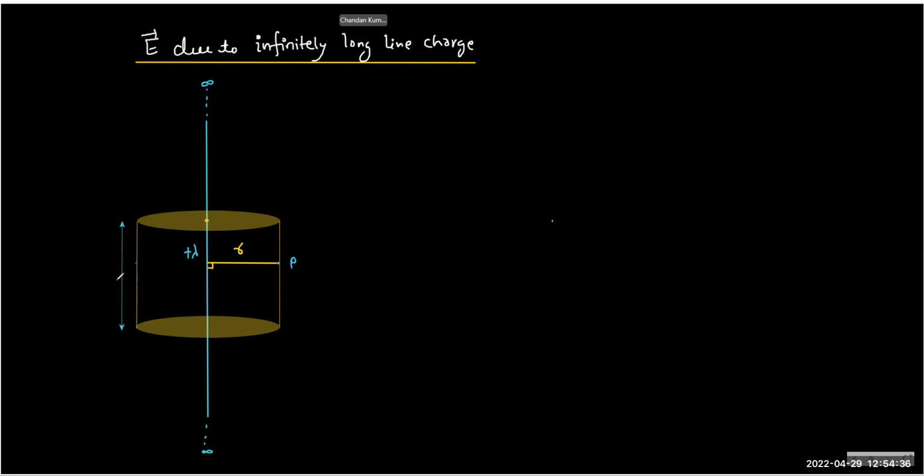Now the length really doesn't matter, but we can choose the length as well. And we know already in advance the electric field at the point P is going to be radially outward, and not just P, in fact, every point on the curved surface.